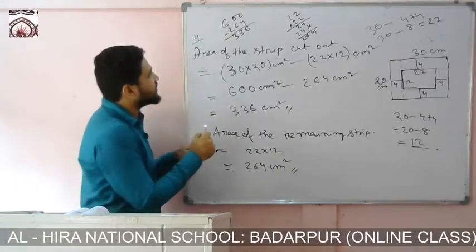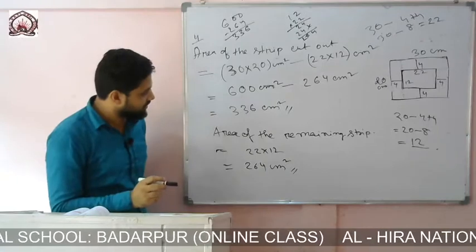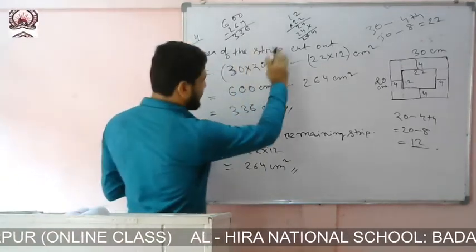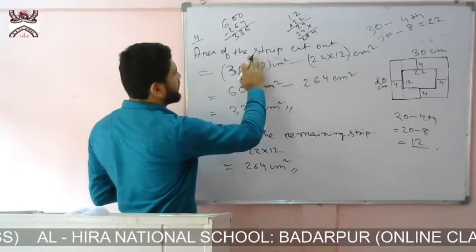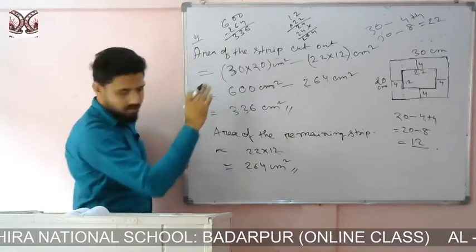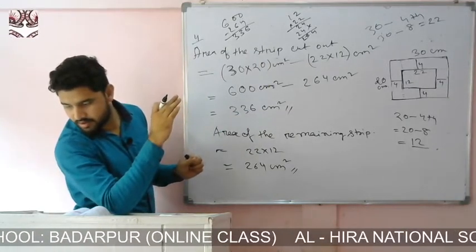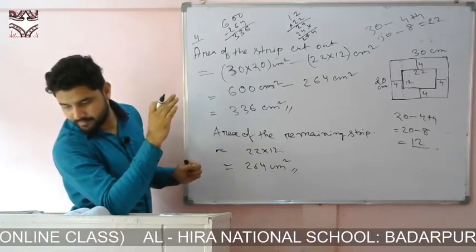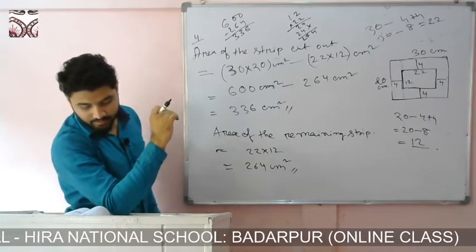That will be the area of the strip cut out. Area of the remaining strip: 264.